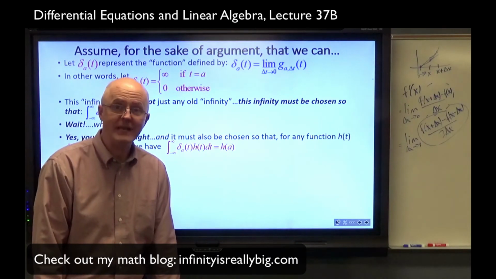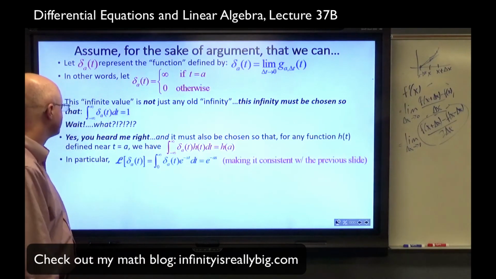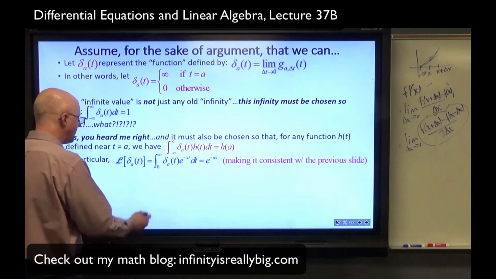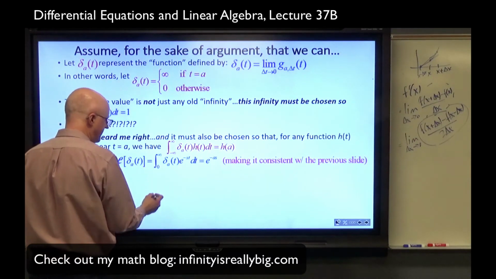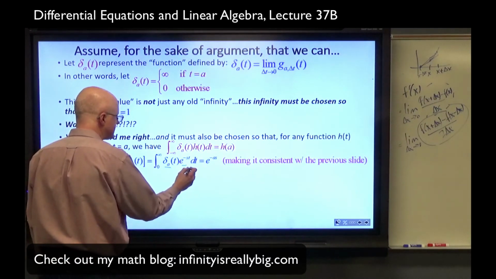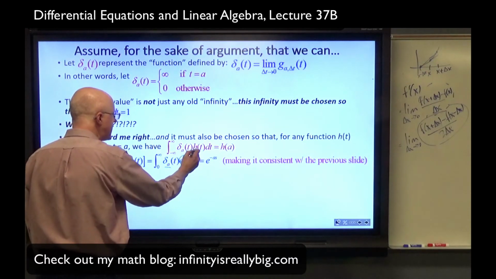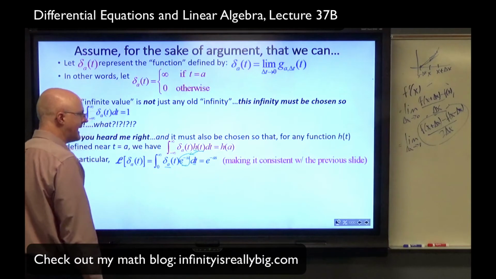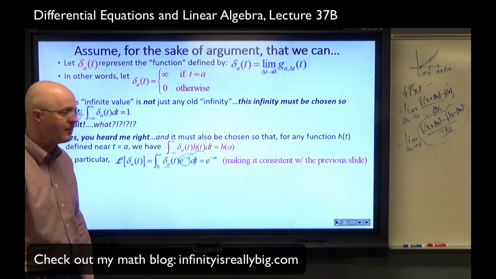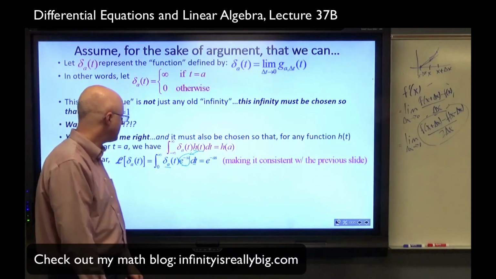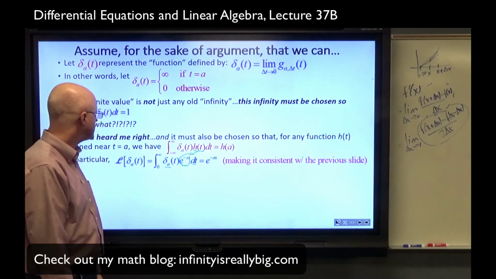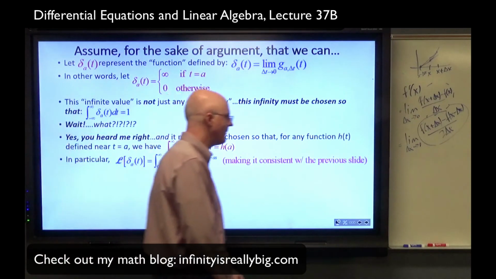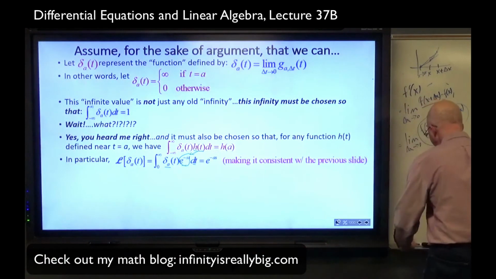In particular, did you see that? What's the Laplace transform of this delta function? By definition, it should be the integral from 0 to infinity of this delta function times e to the negative st dt, but that's my h of t. So I better get e to the negative s times a, replace t with a, which I also can write as e to the negative a times s, which is the same as what I hinted at in the previous slide, right?